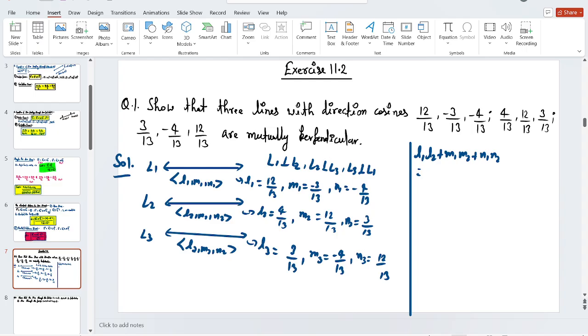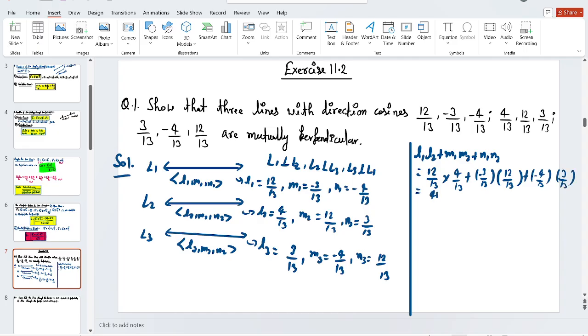So we substitute: l1 is 12 by 13, l2 is 4 by 13, m1 is minus 3 by 13, m2 is 12 by 13, n1 is minus 4 by 13, and n2 is 3 by 13. Solve it.